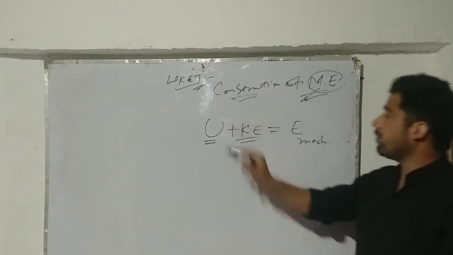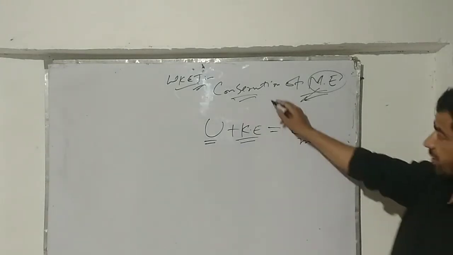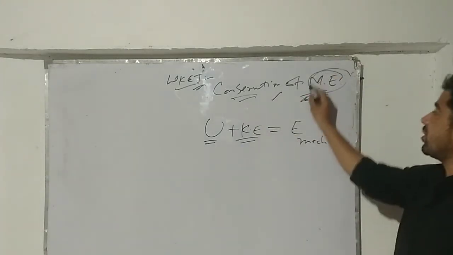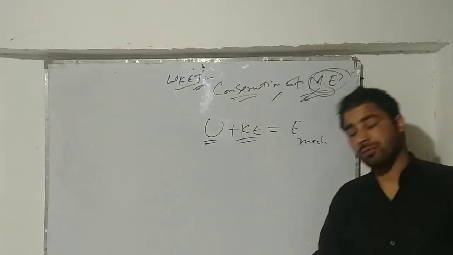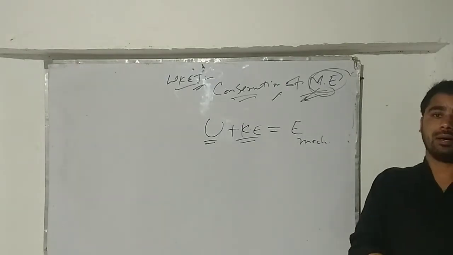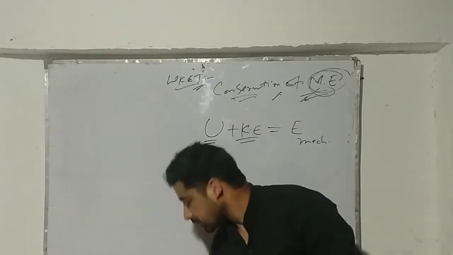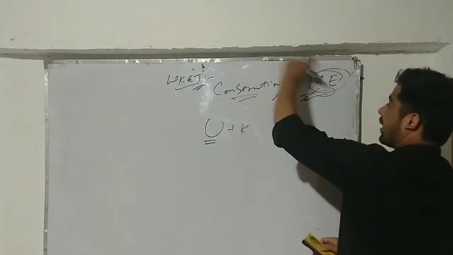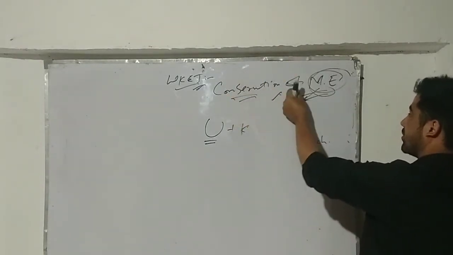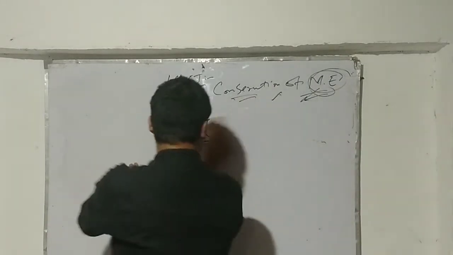Let us see under what conditions the mechanical energy of a given system remains conserved. Here it is again the moment to remind ourselves of the definition of work done, and from that we will exploit how this conservation of mechanical energy arises.